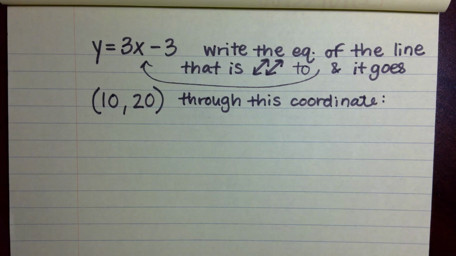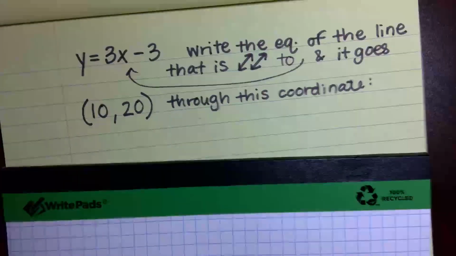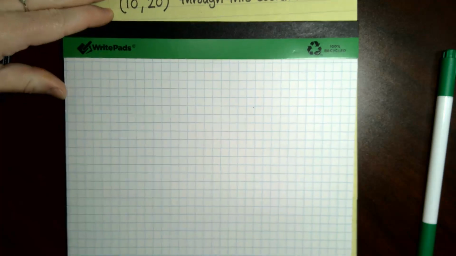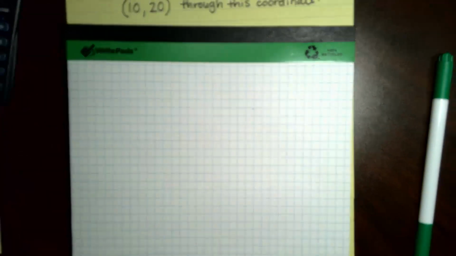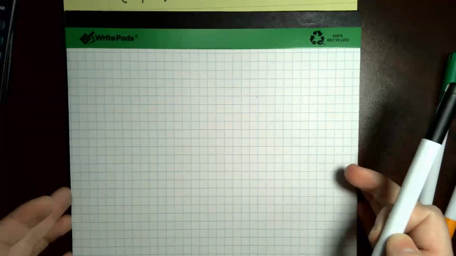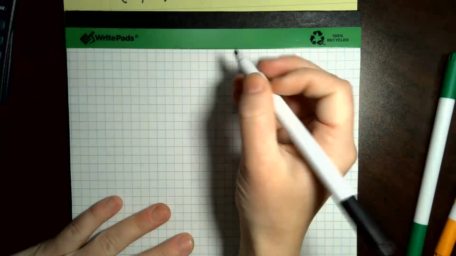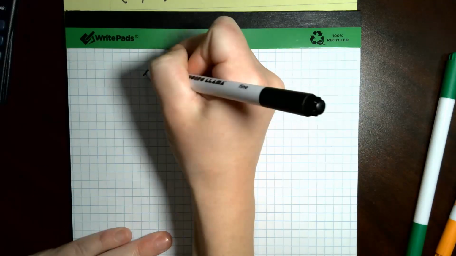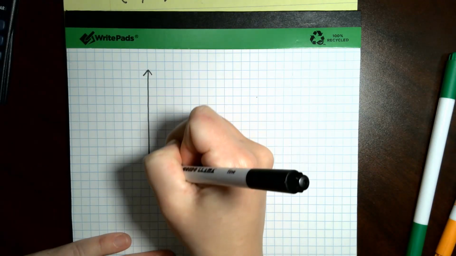Exactly. So I'm going to show you something real quick, slightly related to this problem we're doing here. For example, if I have 2 lines on my graph, and you don't necessarily have to write this, I'm just showing you visually as a little bit of an example.